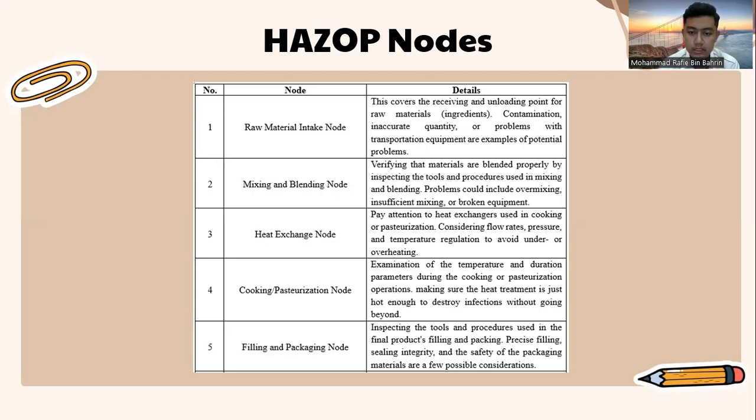Examination of the temperature and duration parameters during the cooking or pasteurization operation, making sure the heat treatment is just hot enough to destroy infection without going beyond. And the last one is the filling and packaging node. It's inspecting the tool and procedure used in the final product filling and packing. Besides filling, sealing integrity and safety of the packaging materials are a few possible considerations.